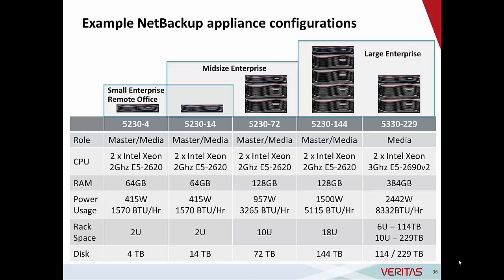We've just picked a sample of them here to show how it can scale to suit your needs, ranging from the smallest possible offering, which would be a 4 terabyte 5230, so there's no disk shelves being used there, just internal storage on the appliance head unit, or that 5230, by adding disk shelves, can scale up to 144 terabytes of usable capacity. Or if we look at the 5330, we could go up to 229 terabytes of usable capacity.